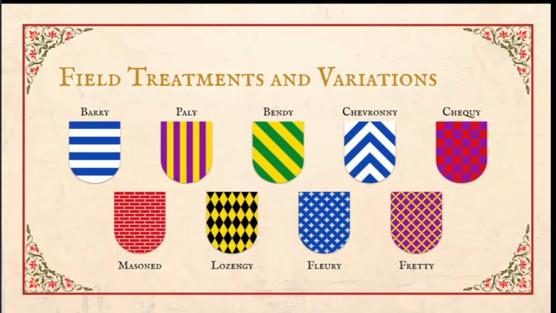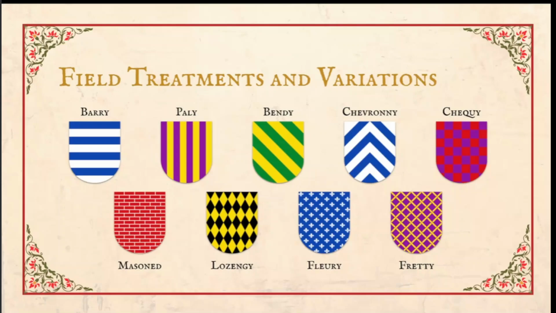They're out there. If you want it to look like a brick wall, you can go masoned. The thing on the bottom left is gules masoned argent. So it's a red brick with white masonry grout in the middle. You can also have lozengy, which is very fun.